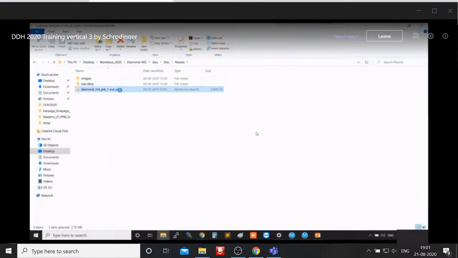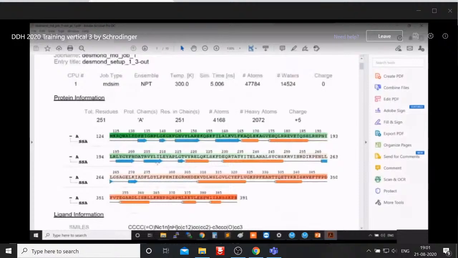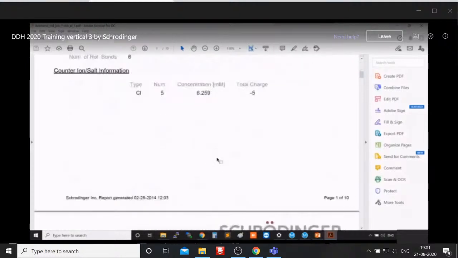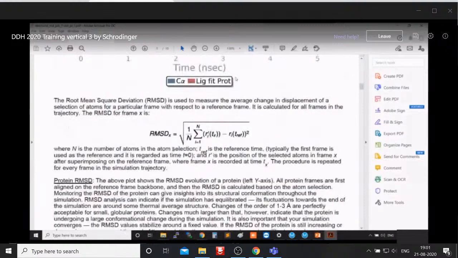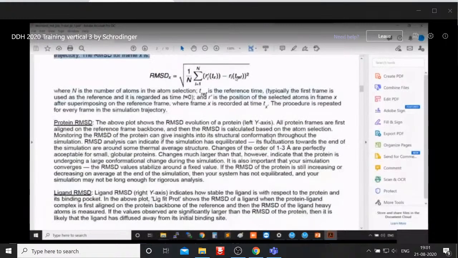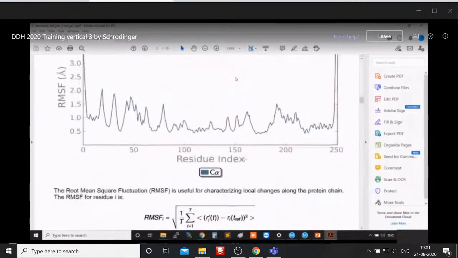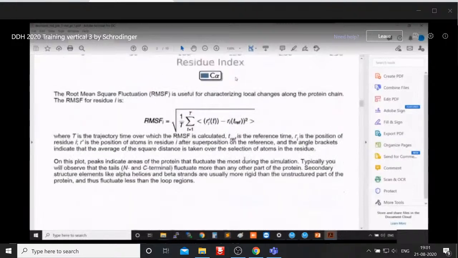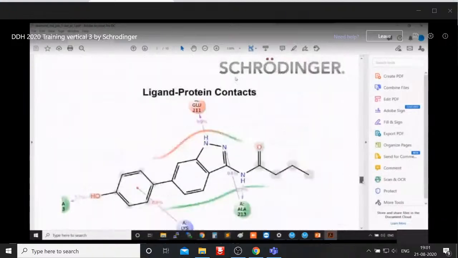So you can also get this report in PDF format, and here you can see all the information written down in the PDF with a little bit of explanation about it. So what is meant by deviation, what the formula is, how to see it, and how it changes in your simulation. Everything is automatically written down. So you will have that PDF copy with you if you don't want to open Maestro.